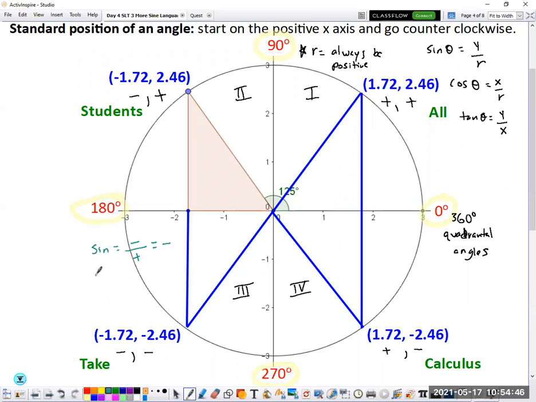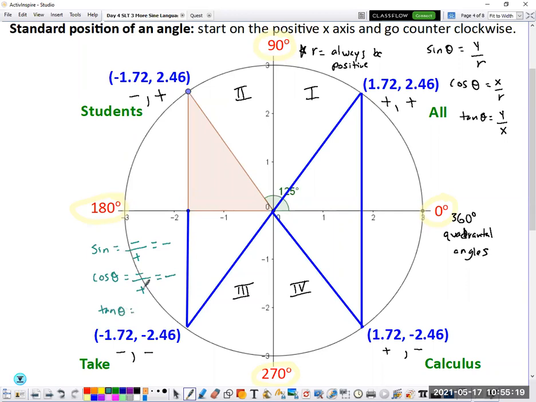If I'm in the third quadrant and I'm looking at the cosine value, Tomas, x over r, what's x in the third quadrant? Is that a positive value or a negative value? Negative. The radius is always positive. So a negative divided by a positive is a negative. All right. So let's all think about tangent for a second.